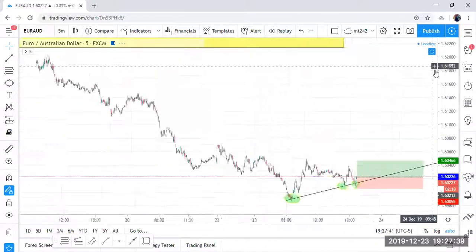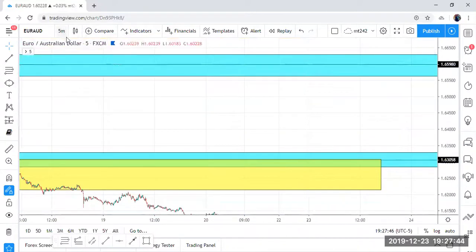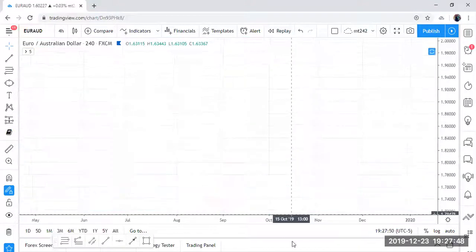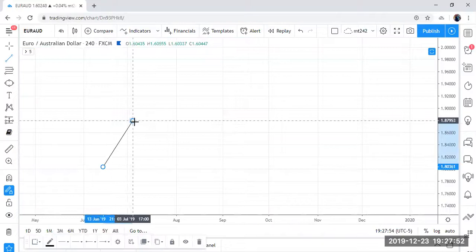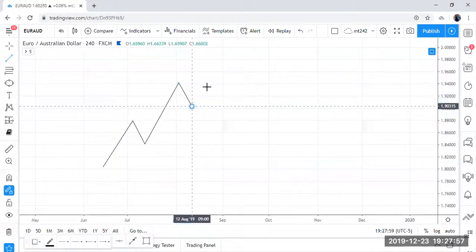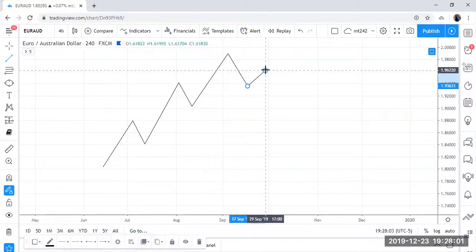What I also pay attention to is, and I touched on Elliott wave yesterday, we already know how the market moves. Right? We already know.